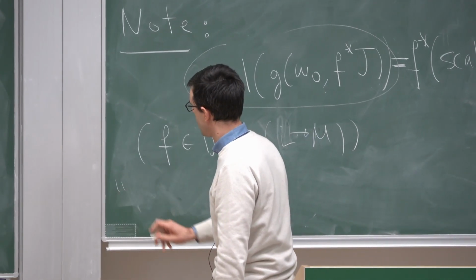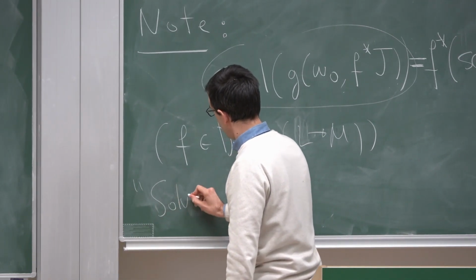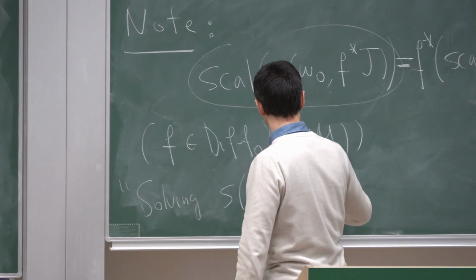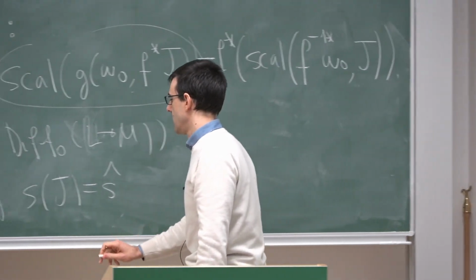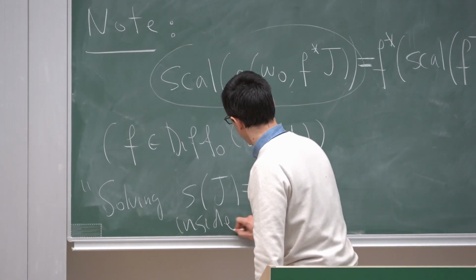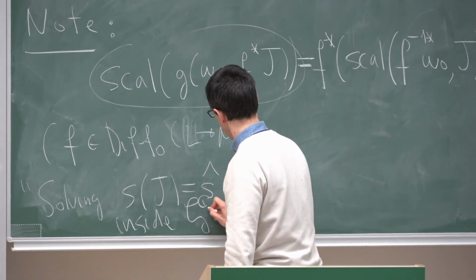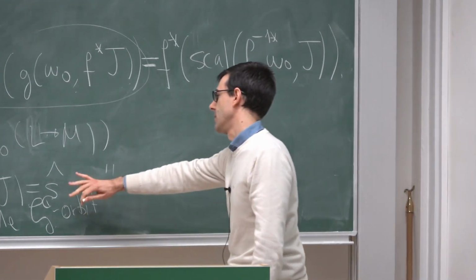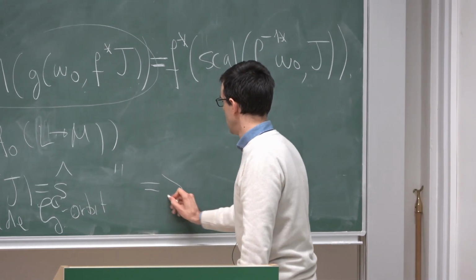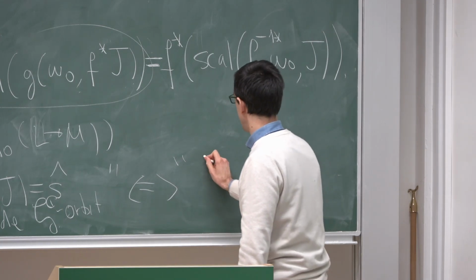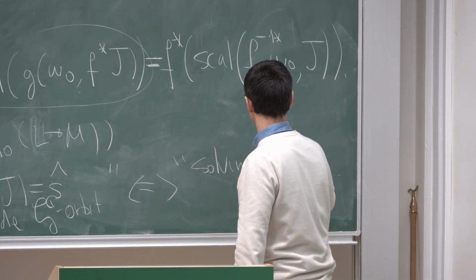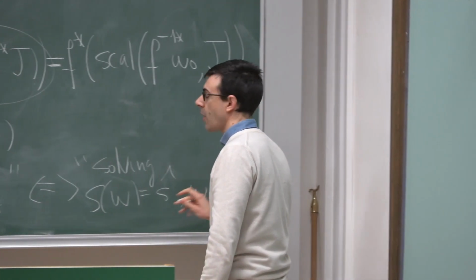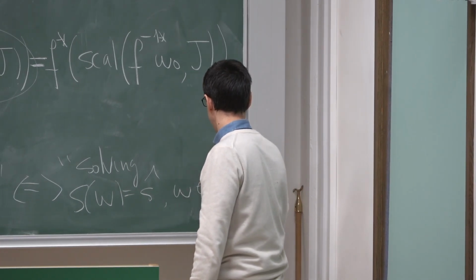So, the slogan is that solving for S of j to be constant inside a G complexified orbit, which is somehow one version of this problem, is equivalent to solving that S of omega should be constant for omega inside this fixed Kähler class.